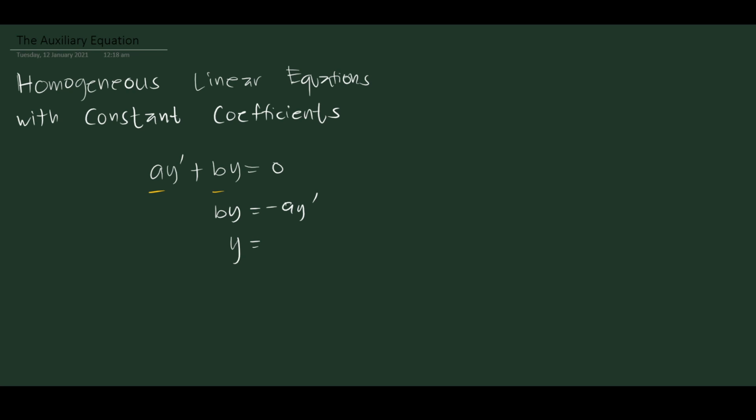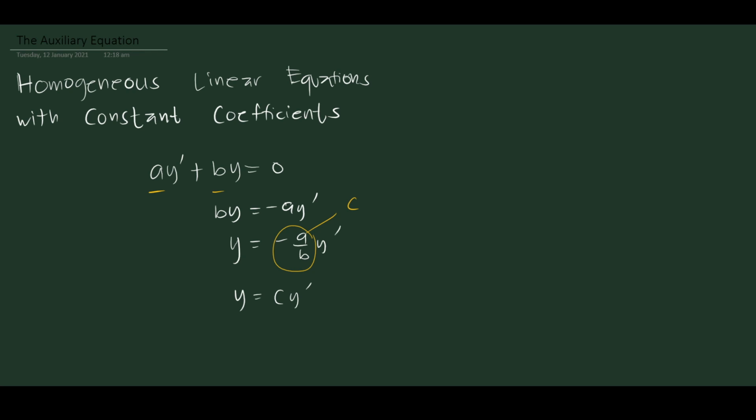Dividing both sides by b, we get negative a over b y prime. Here a and b are basically constants, so we can express a over b as c. So we can then say y is equal to c y prime.